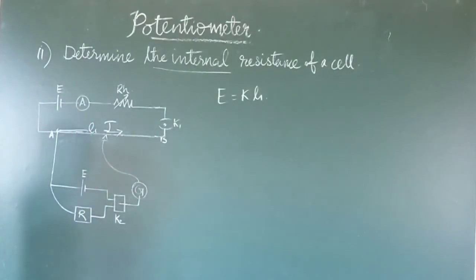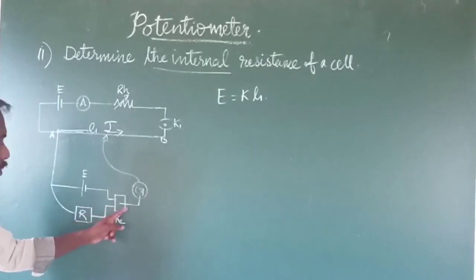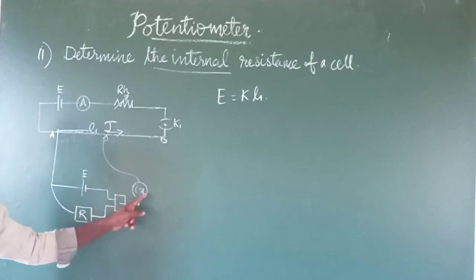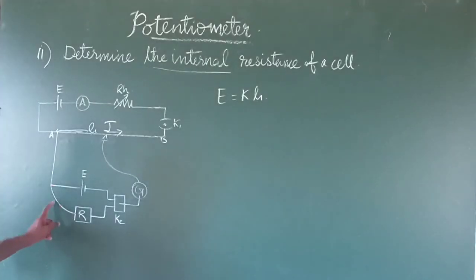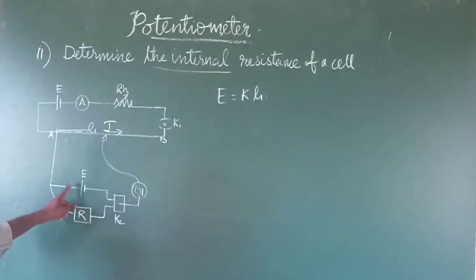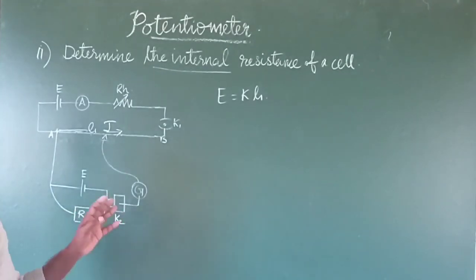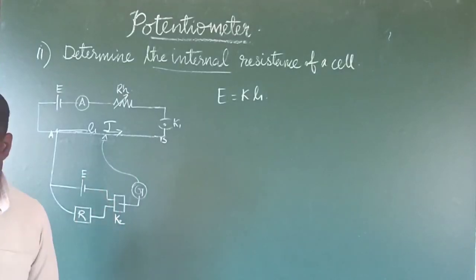And now the key is closed. When the key is closed, an electric current will flow through the circuit, through the resistance box R, and there will be a potential difference, which is known as the terminal potential difference.